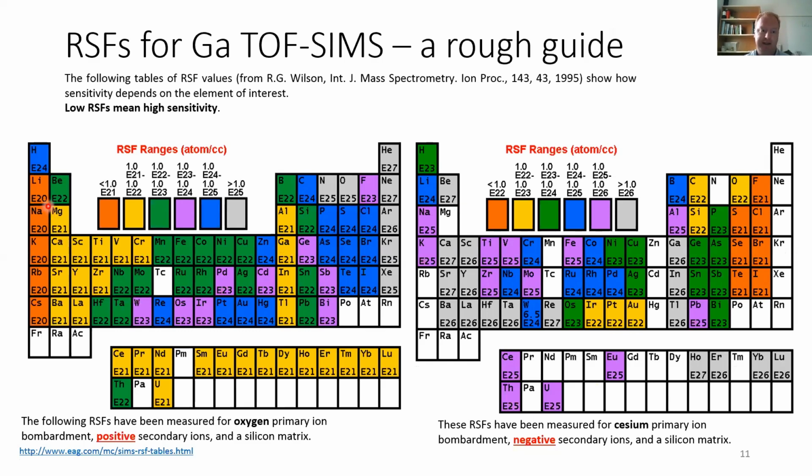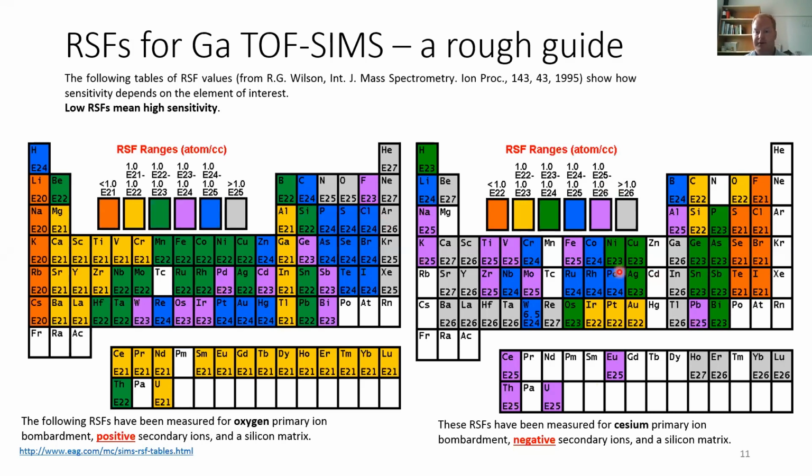And so what you see here is the orange coloured boxes being the high sensitivity, and the grey basically no sensitivity. This is for positive secondary ions, and this is for negative secondary ions. In positive secondary ions, our alkalis, our rare earths, and more or less most of the left side of the periodic table, we have higher sensitivity, whereas on the right side it's much lower sensitivity.